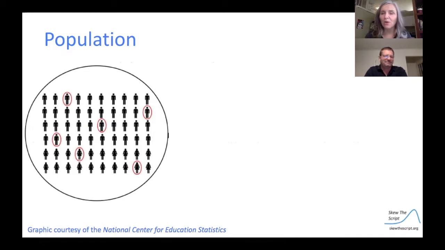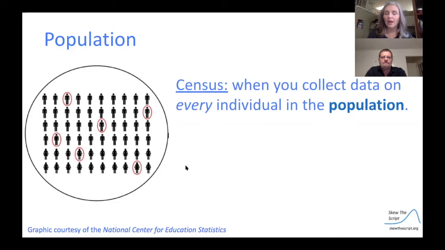So let's say I want to know if Lakeside students think Crocs are cool. I don't want to go to every single student at Lakeside and ask them. Or even if I did try to do that, they're not all going to respond. I should back up and say, if I could ask every single person and every single person responded, I will have collected a census.